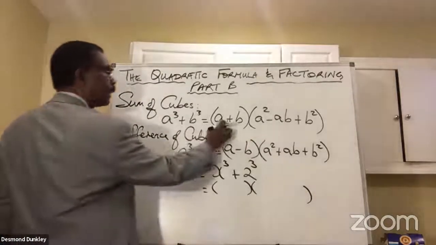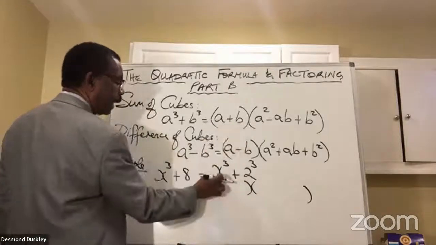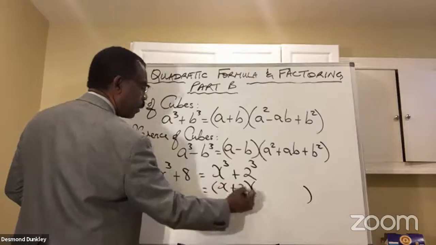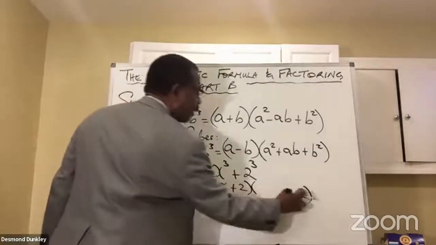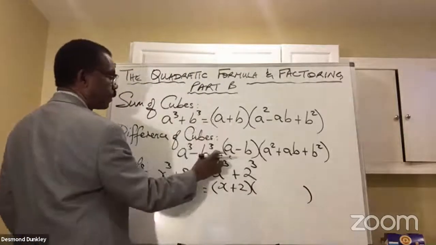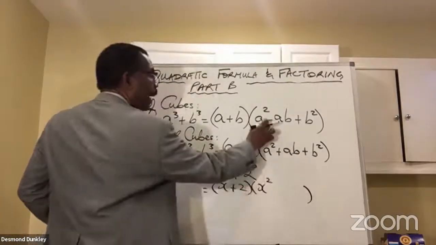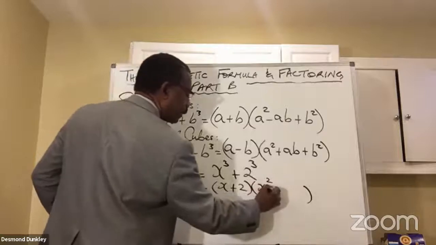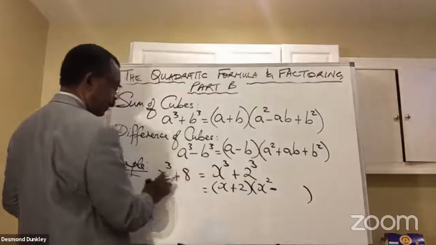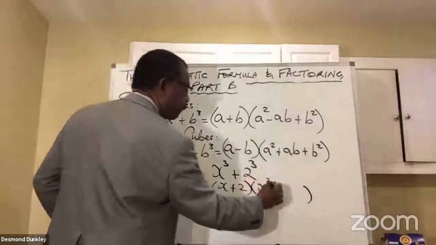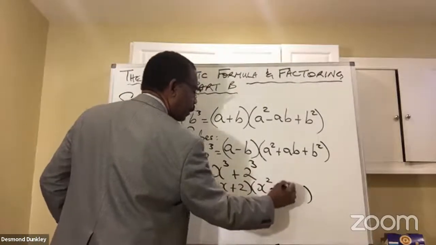What is the pattern? Here's a template. It's going to be x plus 2. And over here is going to be the first thing squared, so it's x squared, minus ab. So it's minus, a is x, b is 2, so x times 2 gives you 2x.